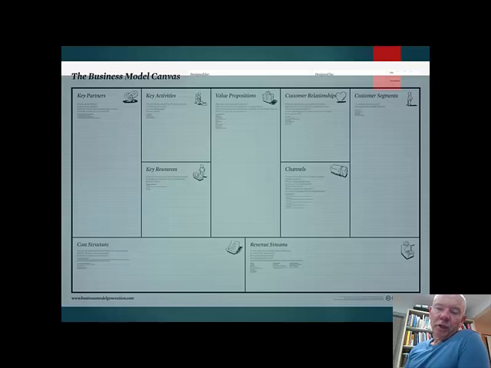You are working, especially towards week 9, but towards week 12 at least, but even now, working through the business model canvas.